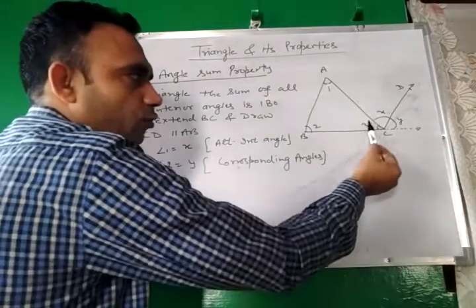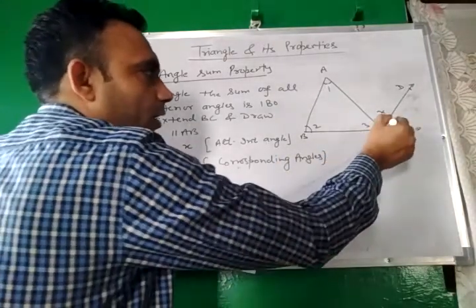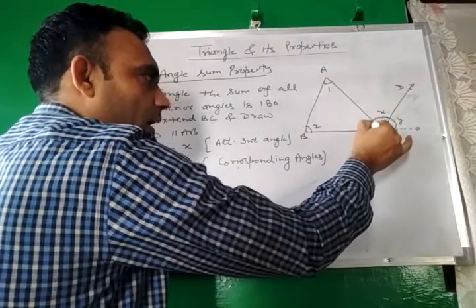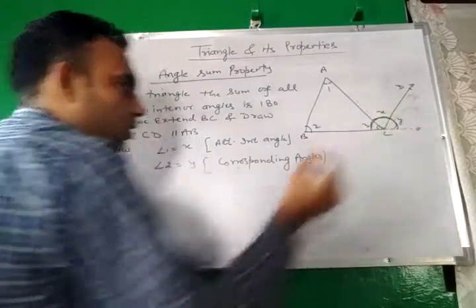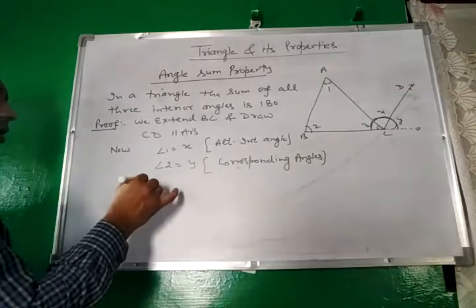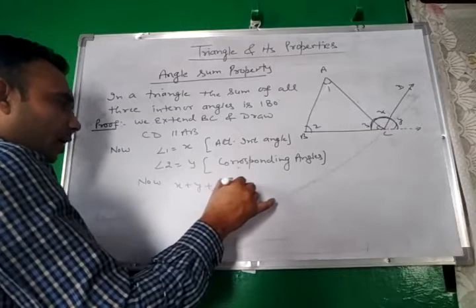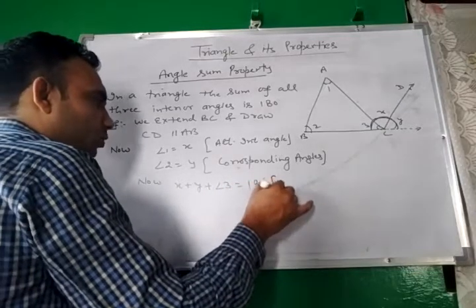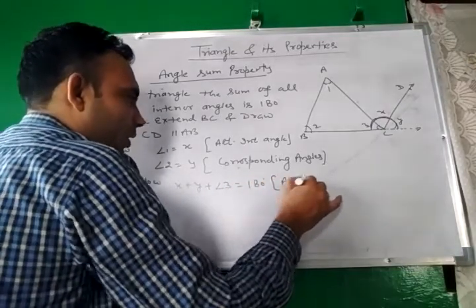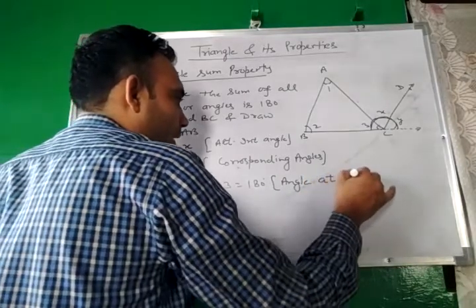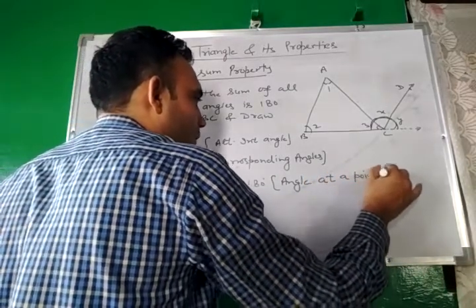Now x, y and 3, these are the angles at a point, so their sum is 180. Now x plus y plus angle 3 is equal to 180. Reason: angle at a point.